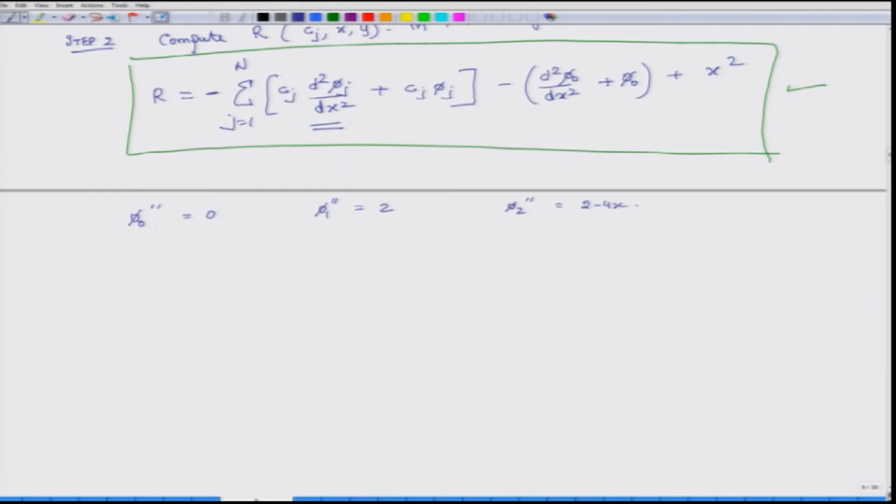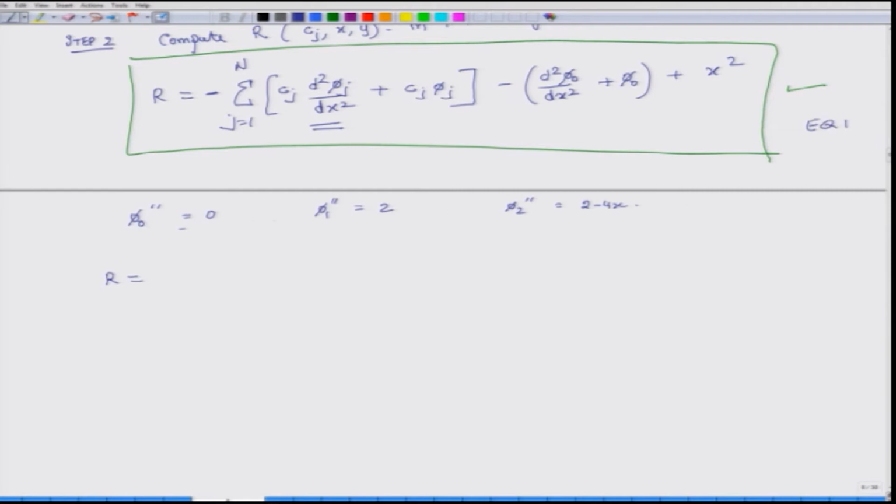I can again plug these back into my expression for r and do all the math. Let us call this equation 1.